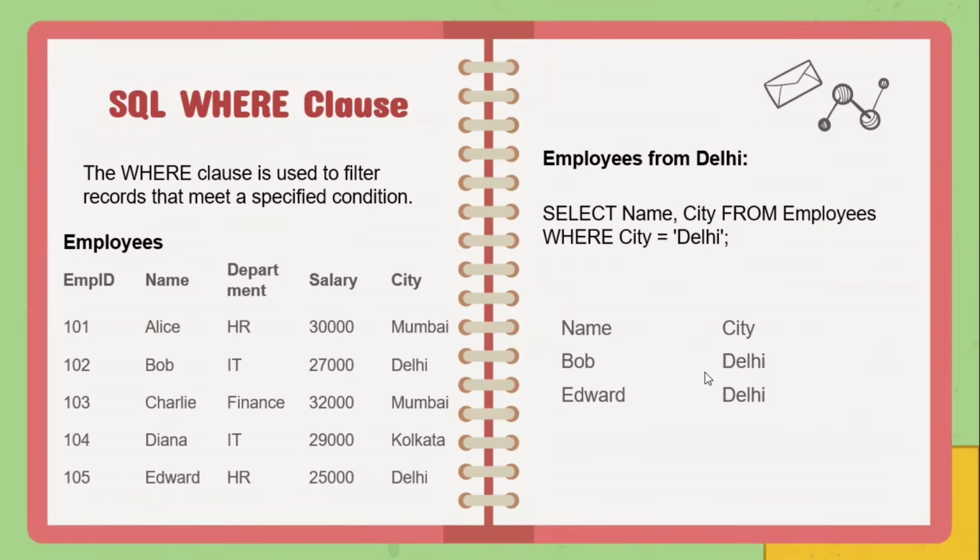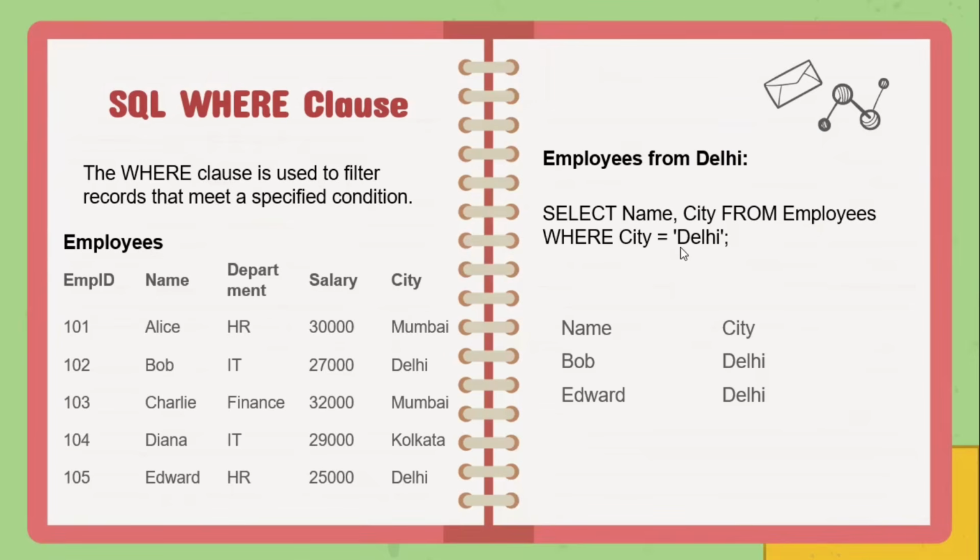Then let's see the SQL where clause. The where clause is used to filter records that meet a specified condition. For example, we can see the table employees, and suppose we want to retrieve the employees from this table who belong to Delhi.